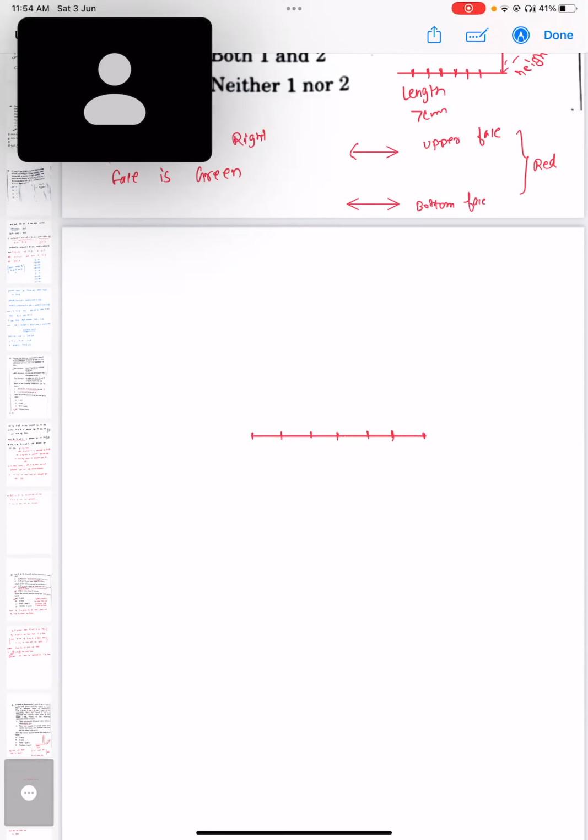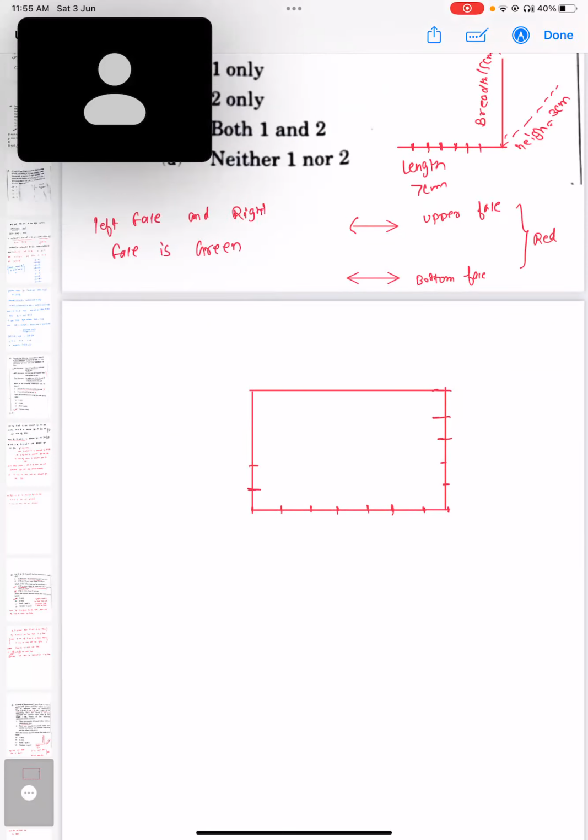And 1, 2, 3, 4, 5 in the breadth. We are taking one base at a time because there are 3 such layers, right? Because the height was 3 centimeters. So there are 3 such layers.